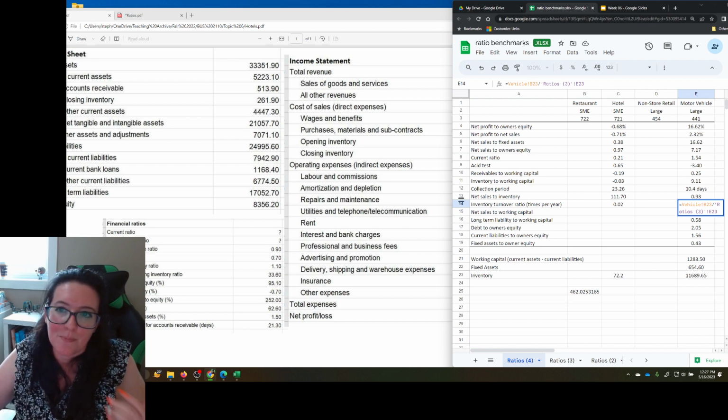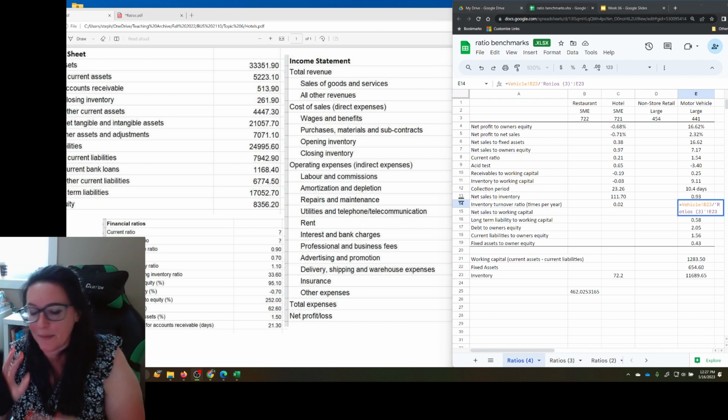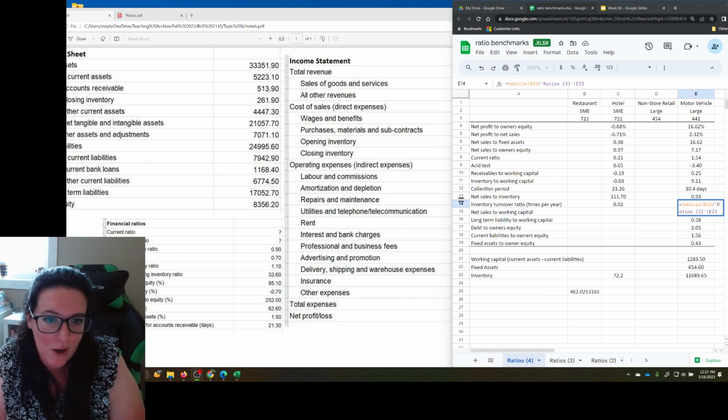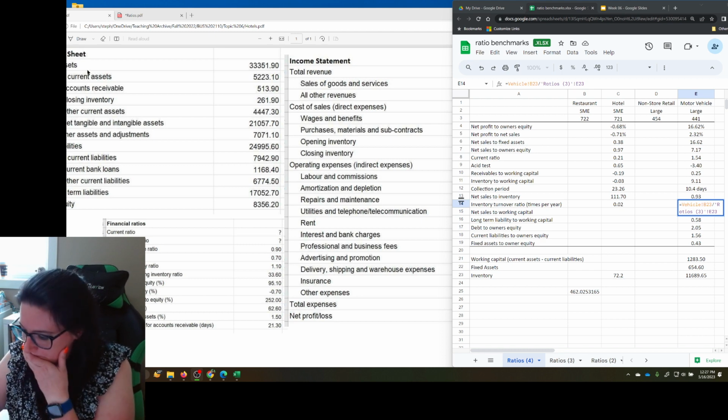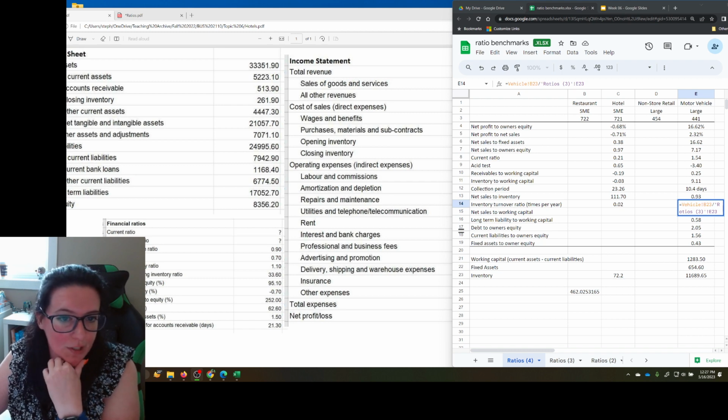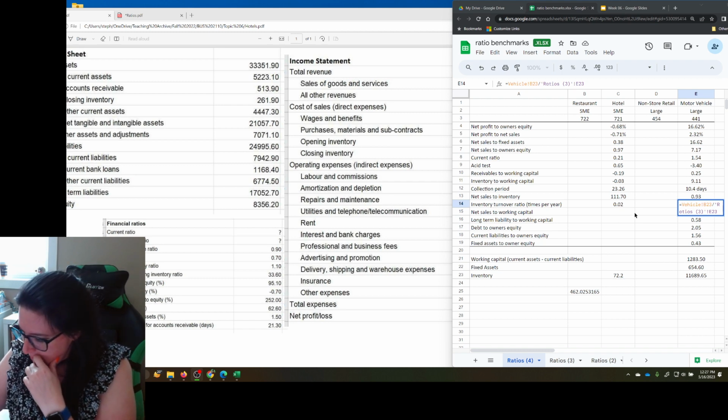They don't have much inventory, so again, this is really not a very relevant calculation for them.